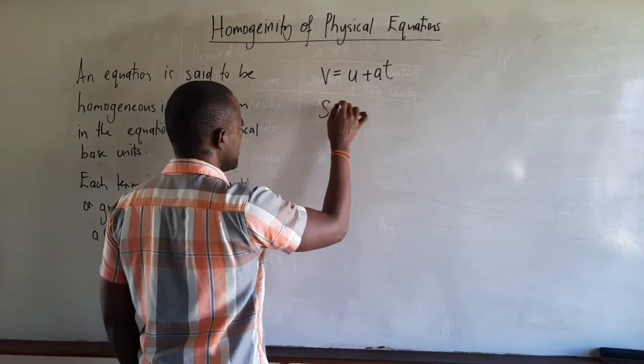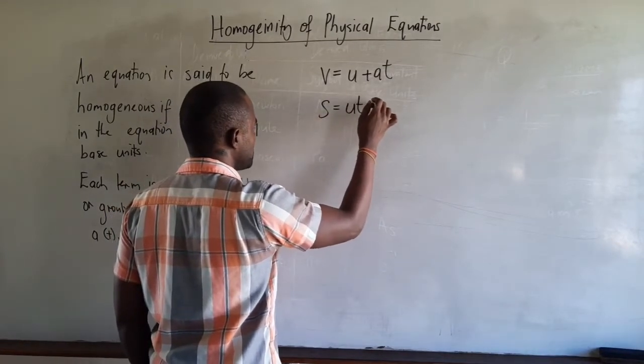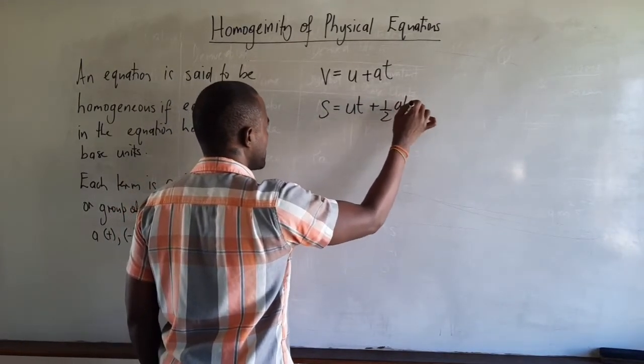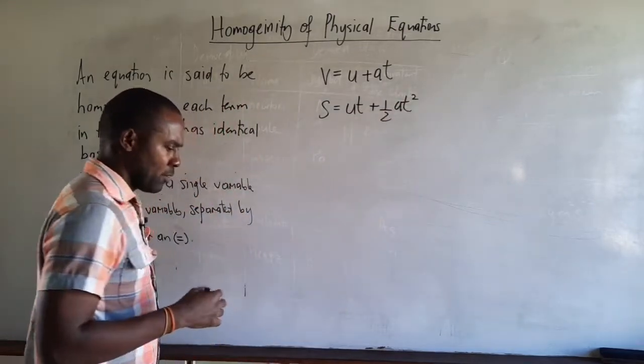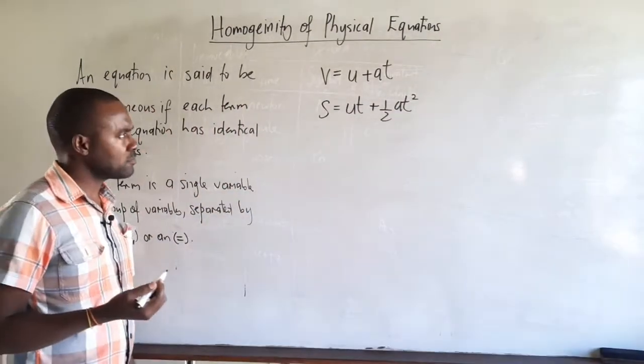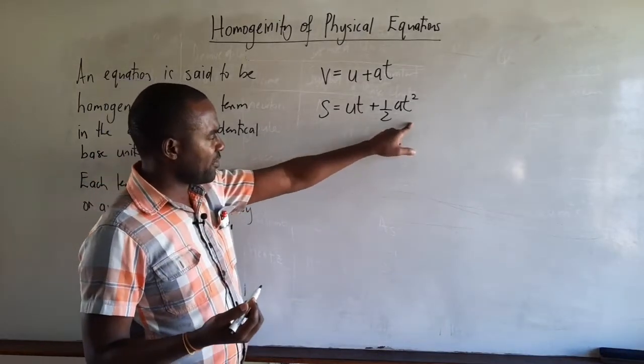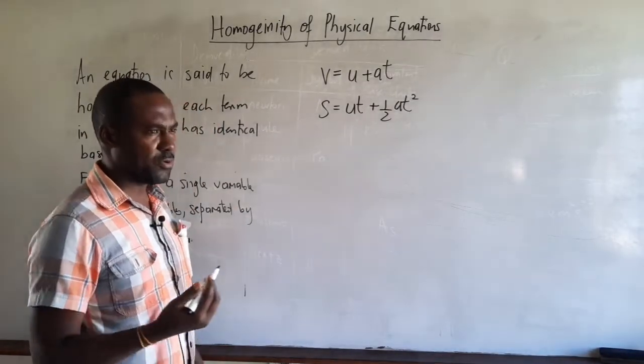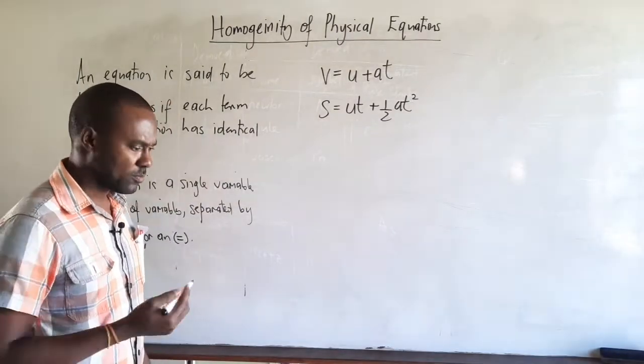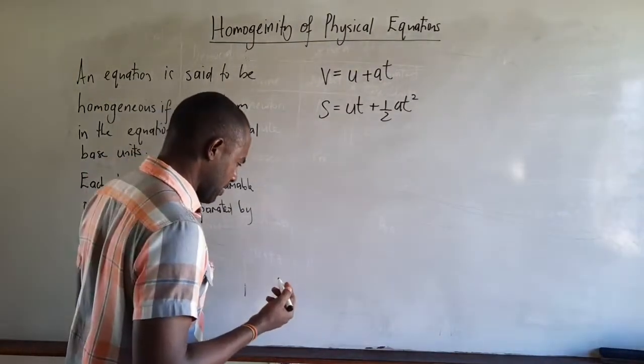Let's look at another equation. s equals ut plus a half at squared. Now, how many terms are in that equation? We have s, we have ut, and a half at squared. Again, that equation has 3 terms. Now let's look at another equation.